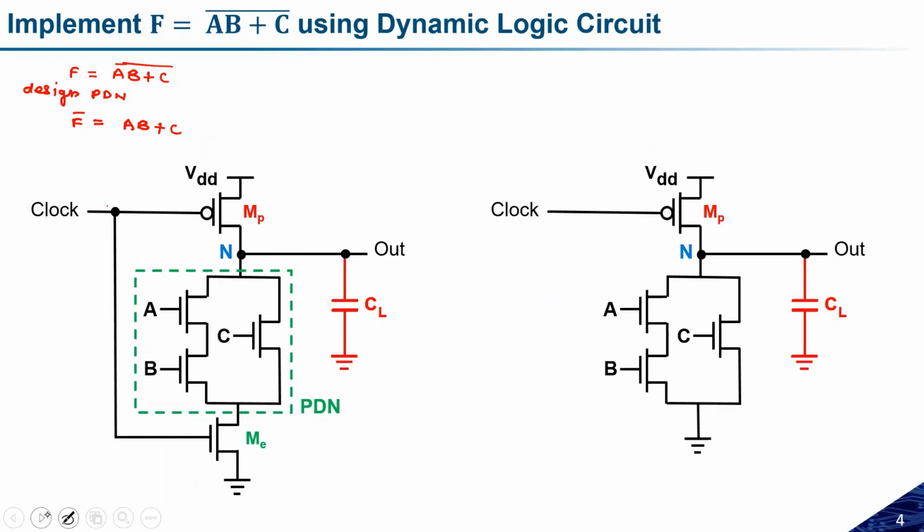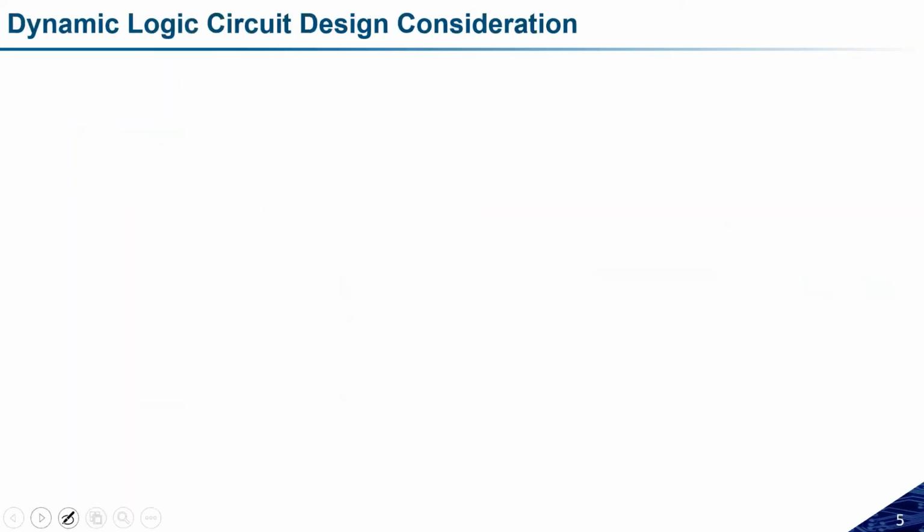If I want to make it footless, the simplest thing is to remove this evaluation transistor, and then this circuit will implement the same function in a footless arrangement. So this is that simple.